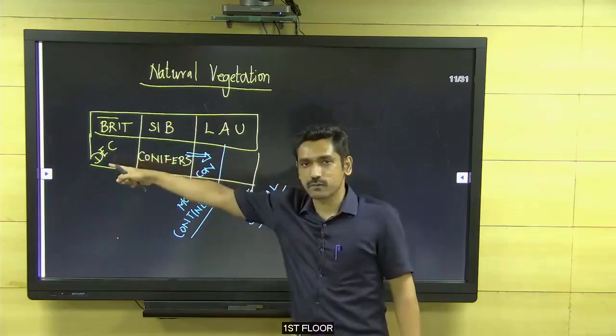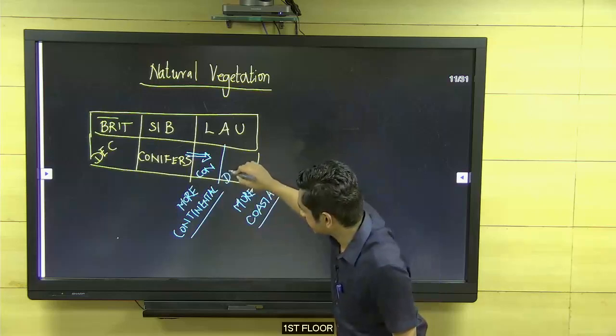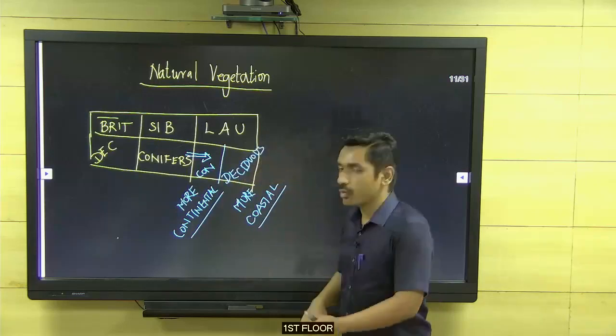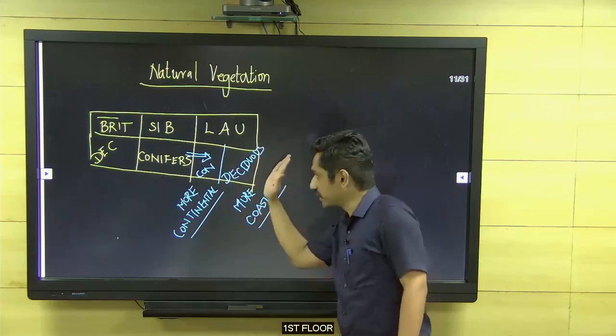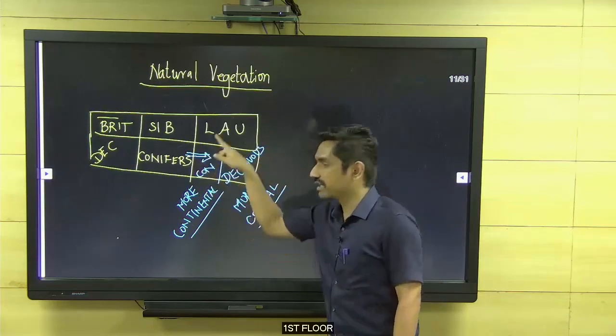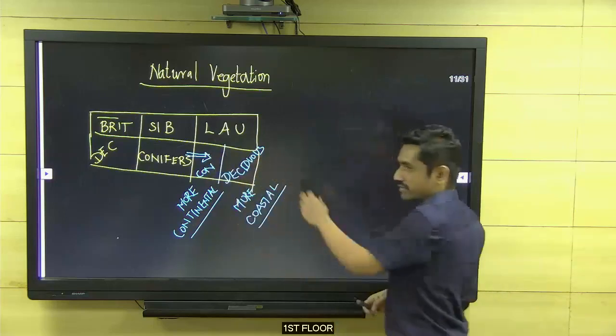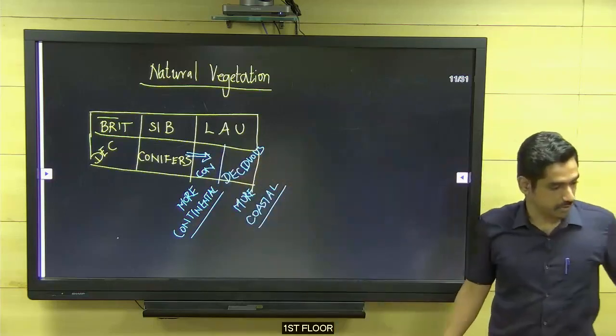So similar to deciduous forest, here also you get deciduous forest. So in Laurentian climate, you got two types. Coastal areas, domination of deciduous. From deciduous, you move interior. Automatically, it becomes coniferous. Continental region, coniferous. Coastal regions, deciduous. That is with Laurentian.